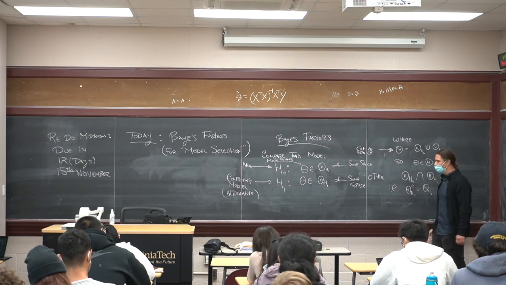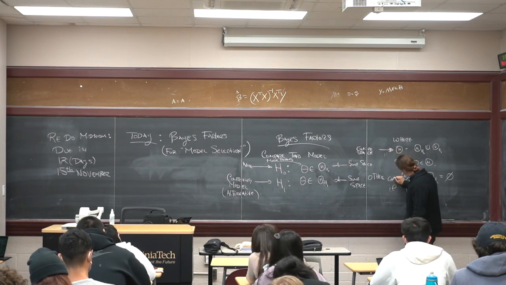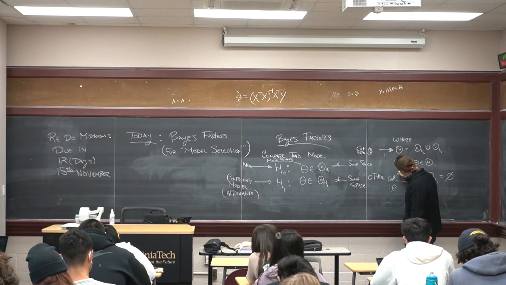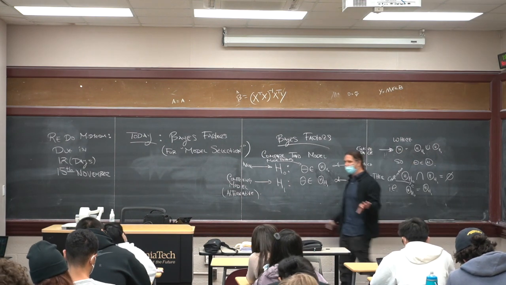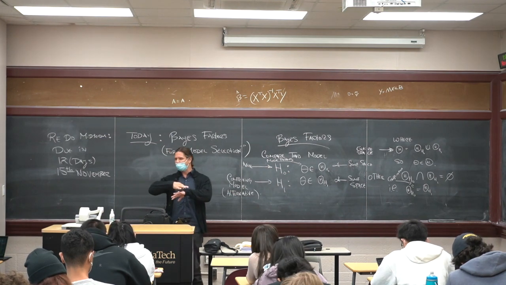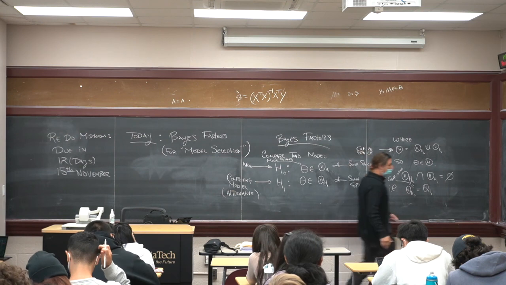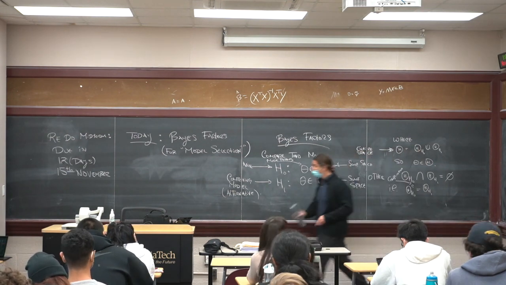Otherwise it'd be set up really badly. I'll say that's complement. If I were trying to compare against two things that were really embedding the same thing in both spaces, we need to separate them. Okay, so we've got some notation. Let me tell you what a Bayes factor is.